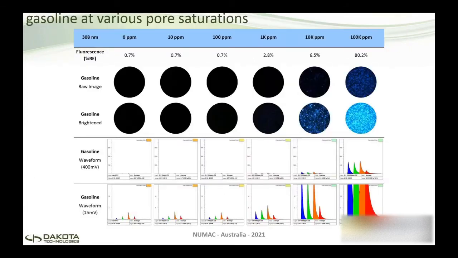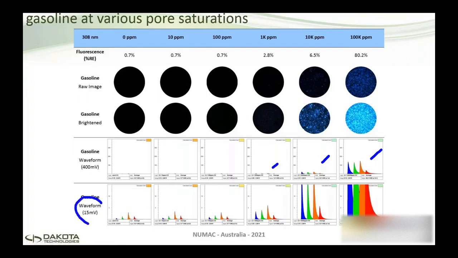Okay, so let's look at gasoline across that same concentration range. You might notice that it's a lot dimmer, and in fact I had to artificially brighten it. And look, the waveforms are a lot smaller. That's because gasoline is just less fluorescent.